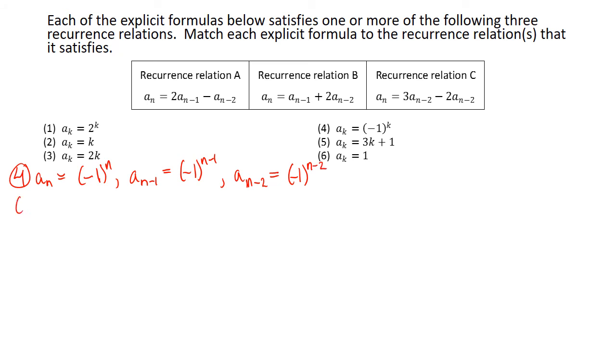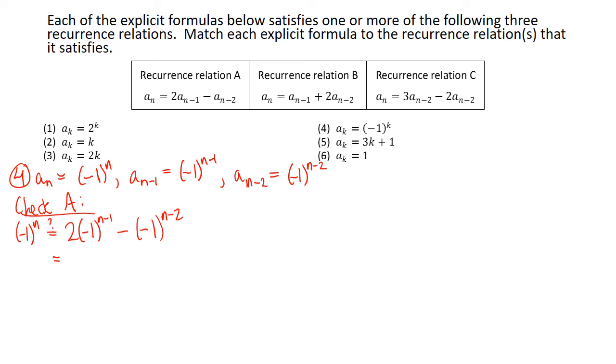Alrighty, so let's check A, B, and C. So on the left I have an, and on the right I have an minus 1 times 2, and then minus an minus 2.